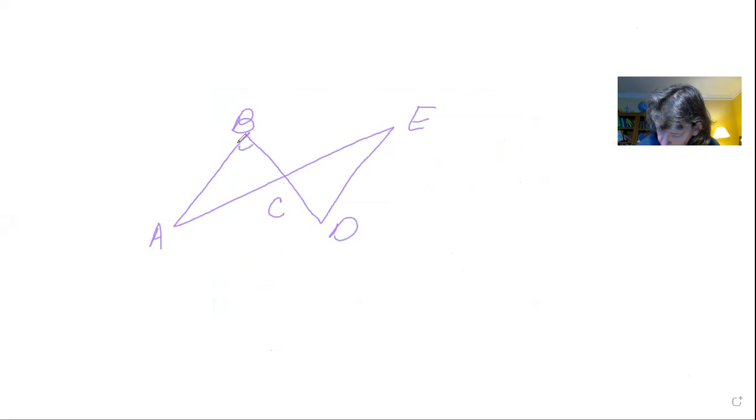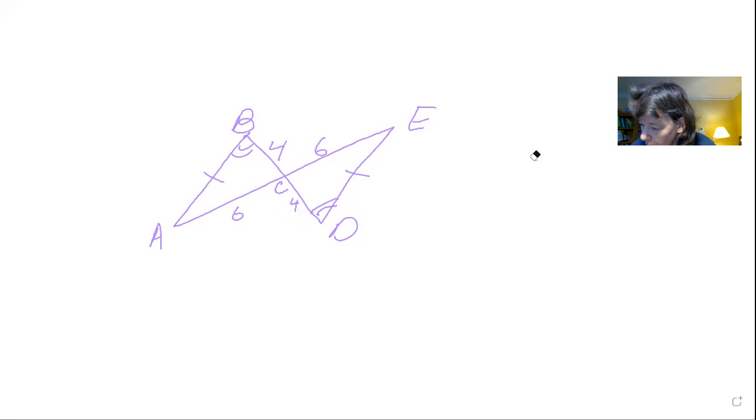And they told us these 2 angles were congruent. So everything I'm drawing in purple is what's given in the drawing. Okay, so that's what's given in the drawing, and we need to figure out if these 2 triangles are congruent.